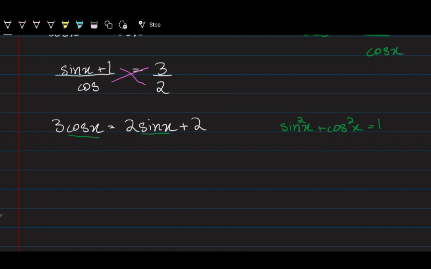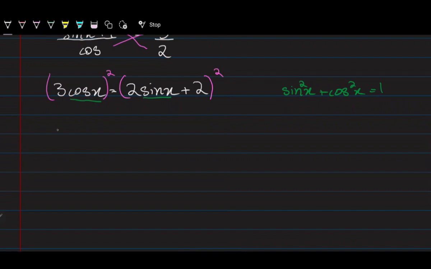And the way we can do that is by squaring both sides. And you'll understand why. Okay? So 3 cos x squared becomes 9 cos square x is equal to 4 sine square x plus 2 sine x into 2, which is 4 sine x, into another 2, which is 8 sine x. 8 sine x plus 2 square, which is 4.